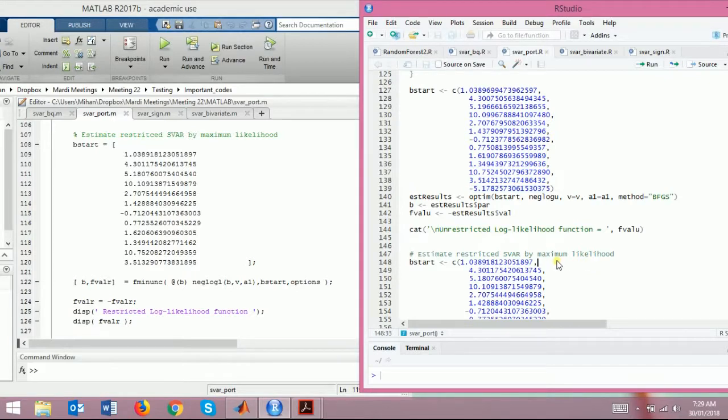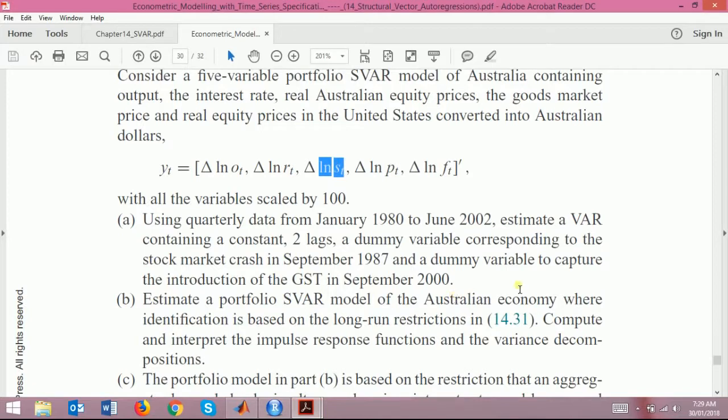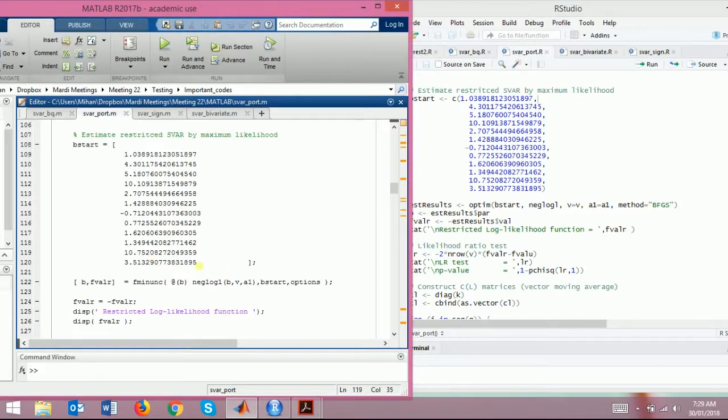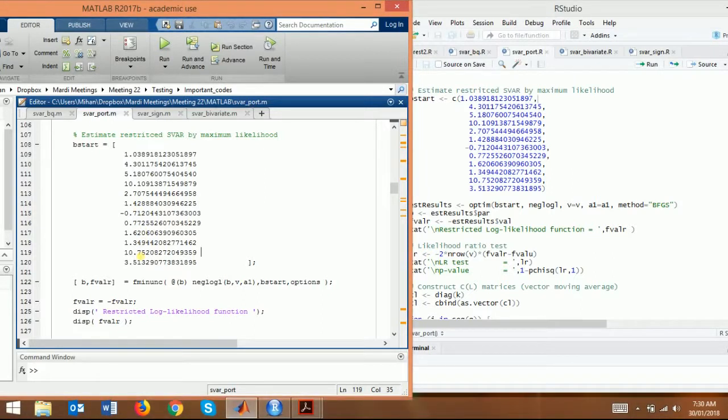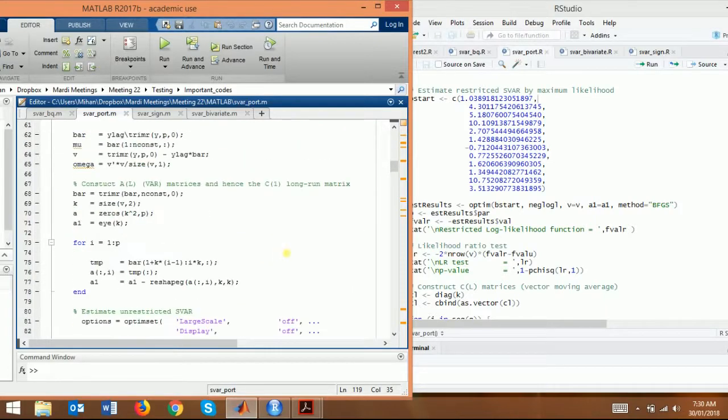Alright. That's what suggests restricted and unrestricted. Dummy variable to capture the introduction. 2. So one captures the crash, one captures the GST introduction. So we are checking against GST introduction. So 1, 2, 3, 4, 5, 6, 7, 8, 9, 10, 11, 12. 13 was the game, right?